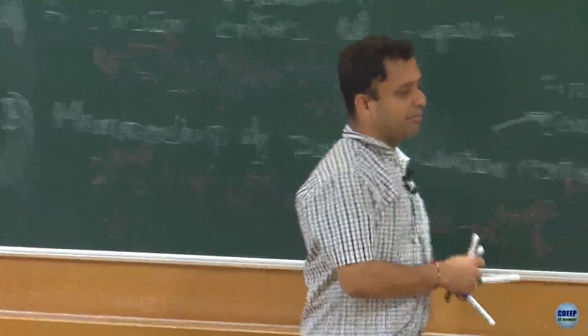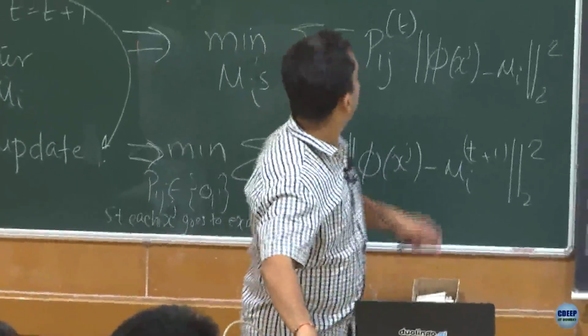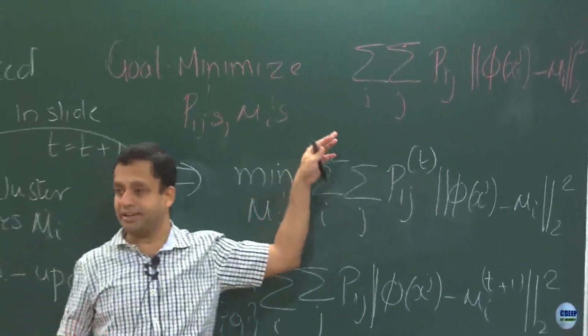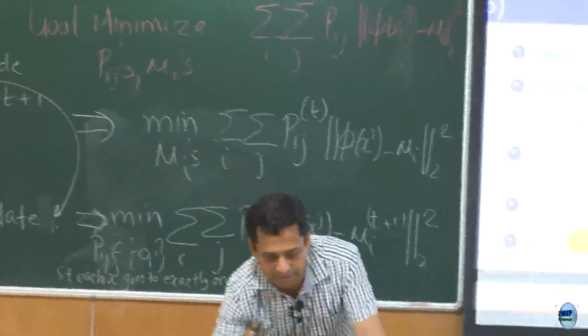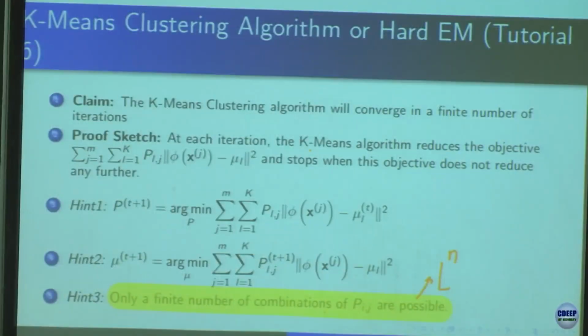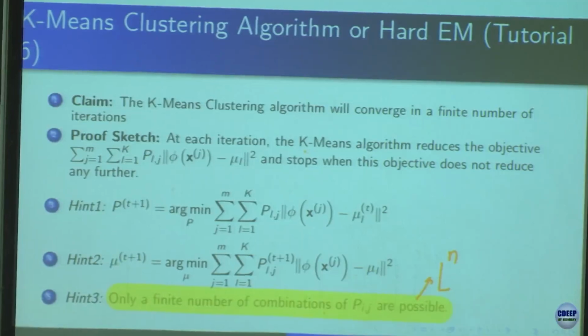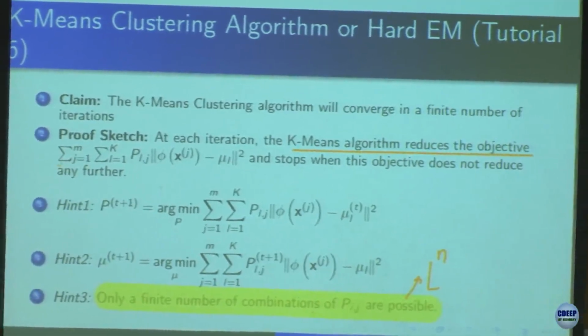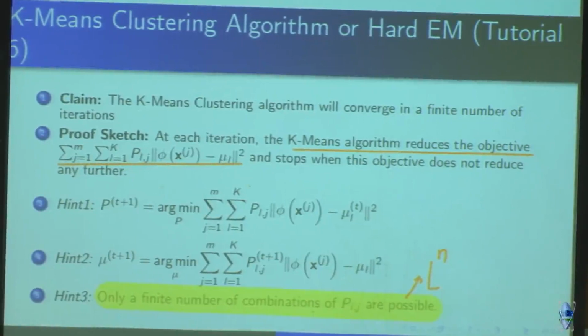Okay, so there are a finite number of combinations and this objective decreases at every iteration. Let us write down L raised to n to be specific. The k-means algorithm reduces this particular objective at every iteration, by a non-zero amount, by an amount greater than 0. So, if there are only a finite number of combinations and the reduction is guaranteed, then obviously the algorithm must converge.